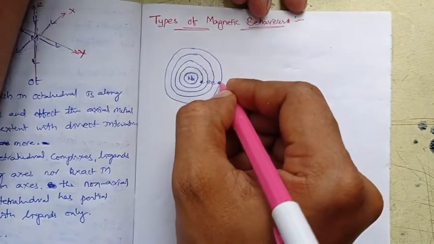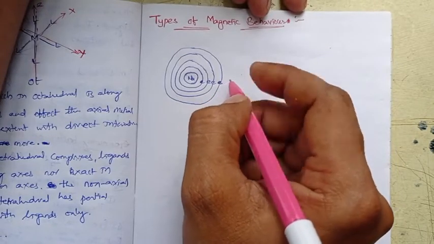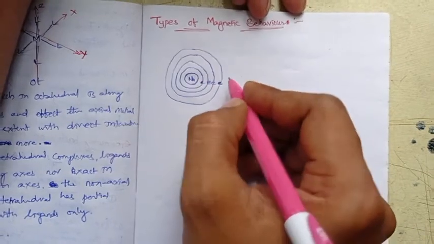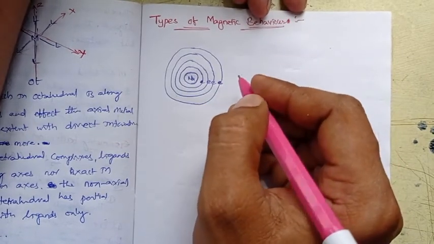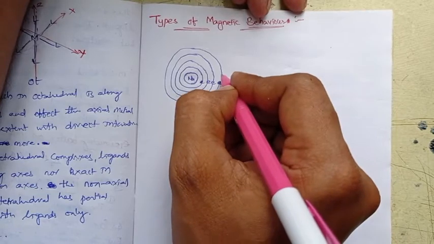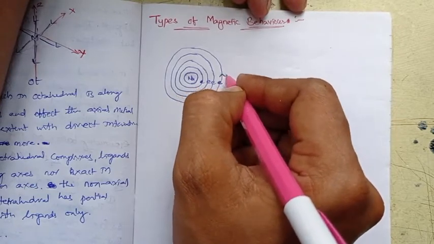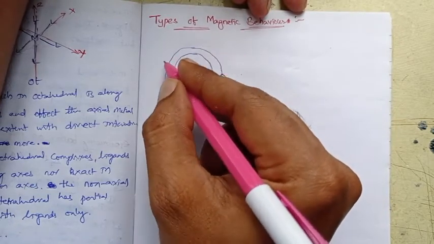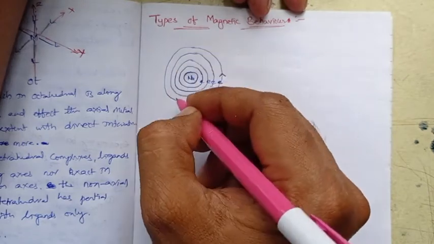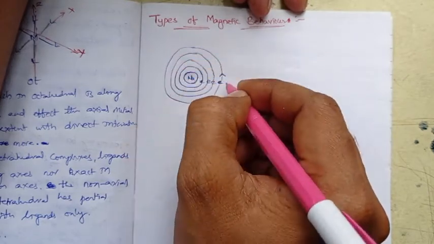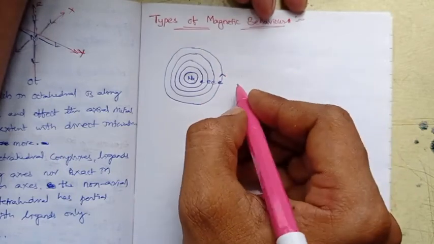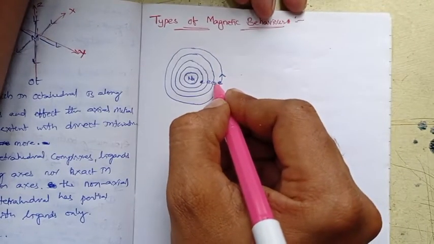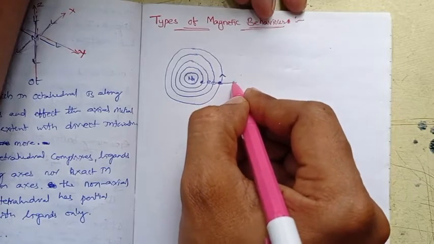So the electron is the moving body in the atom, and it has two motions. One is circular motion: the electron revolves around the nucleus in a circular pathway. The other motion it has is spinning.